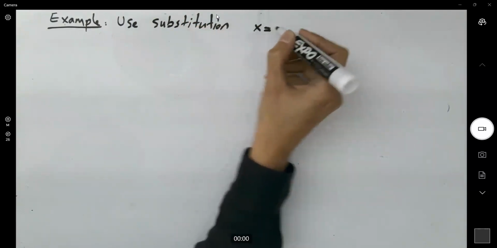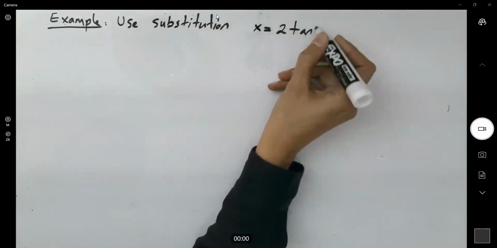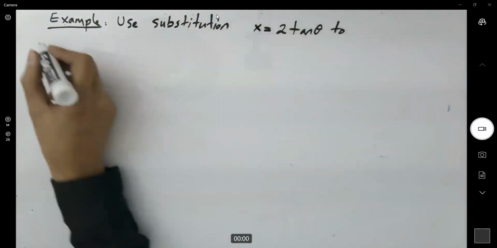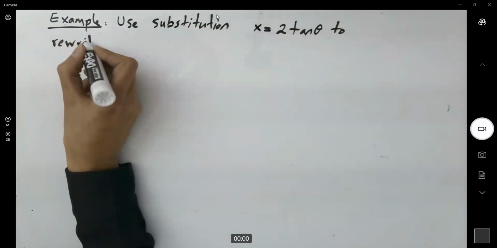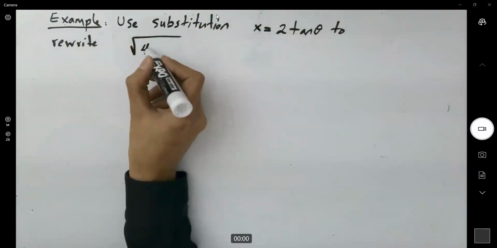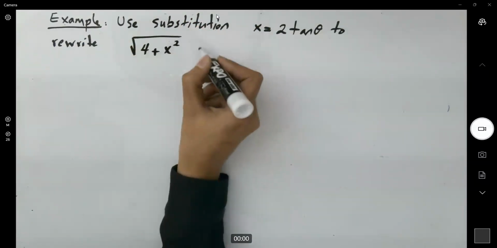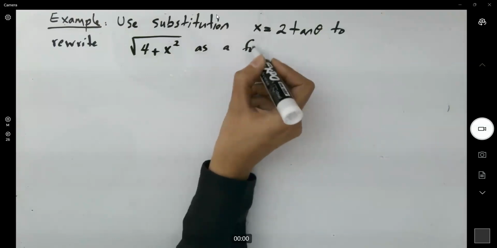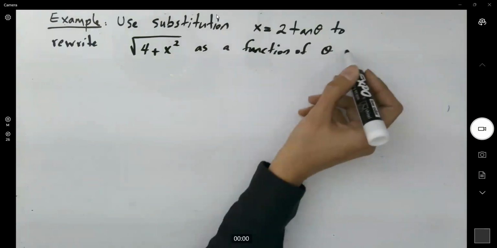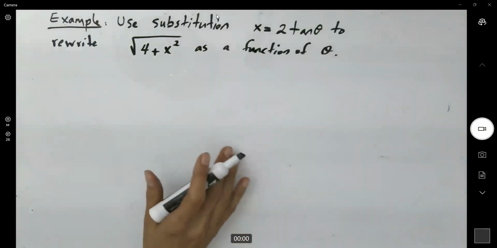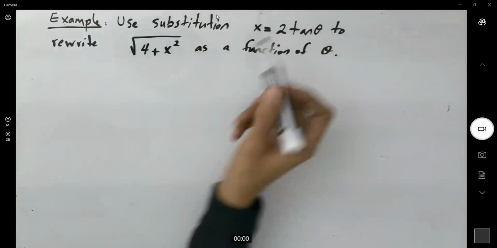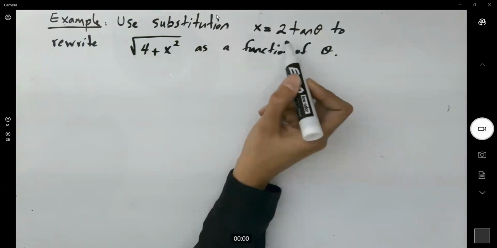X equals 2 times tangent of theta to rewrite the square root of 4 plus x squared as a function of theta. So this is a very common method, converting something to something else using substitution.